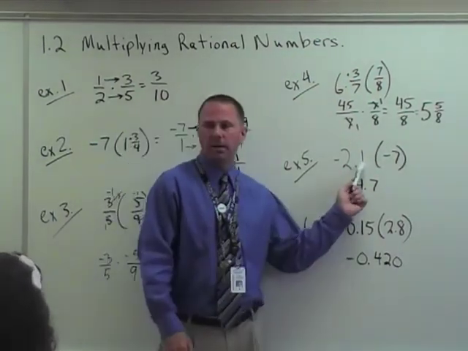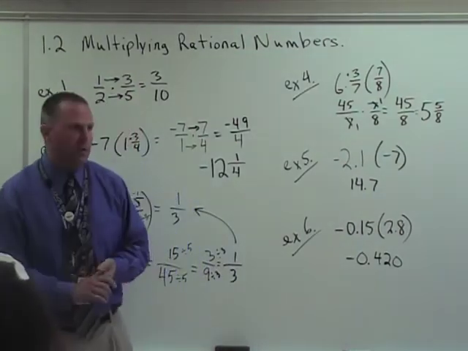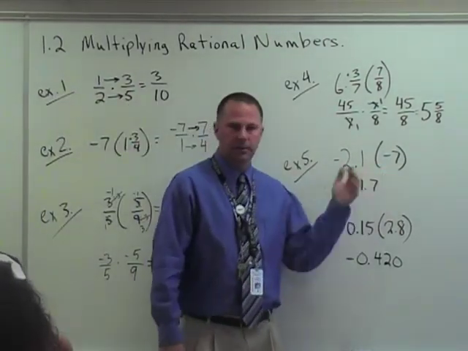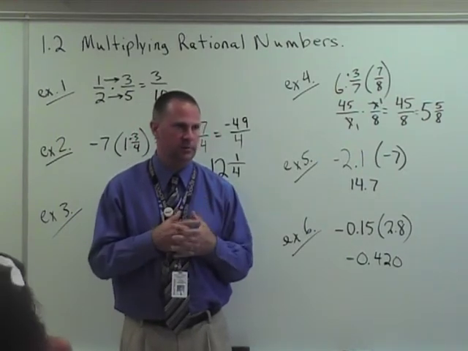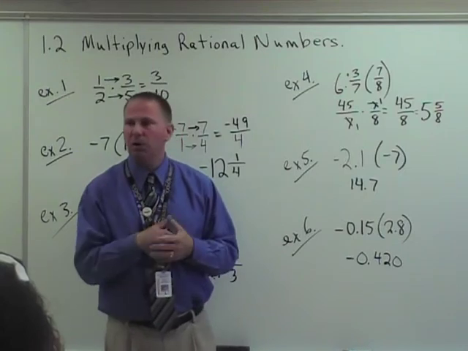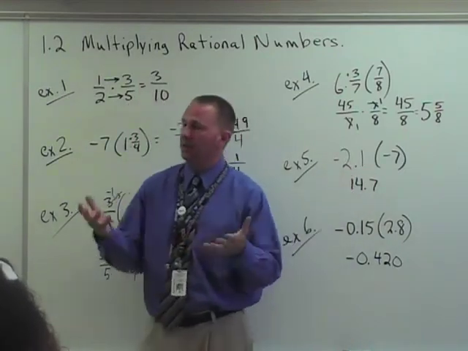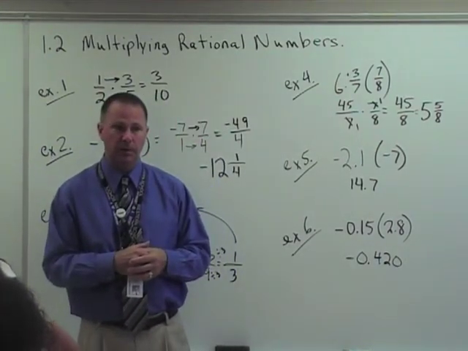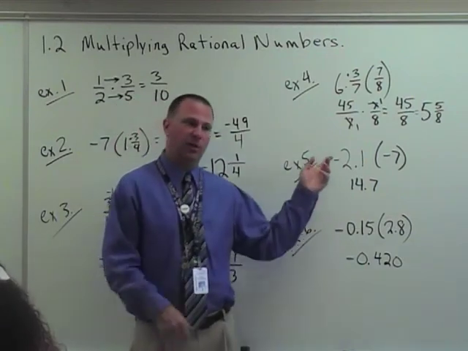All right, I'm going to go back to this for a second because nobody said anything. If I multiply by 10 here, what are you going to get for your answer? He was multiplying by 10 to get rid of his decimal. If you multiply negative 2.1 times 10, it becomes negative 21. Why doesn't that work in this expression?